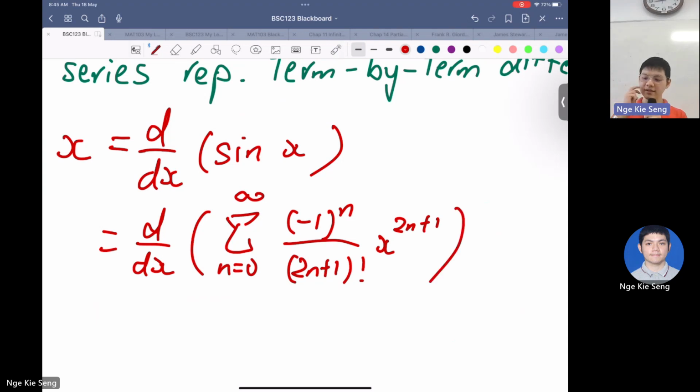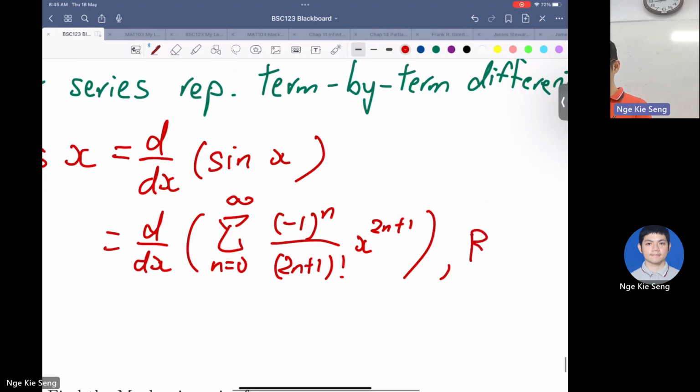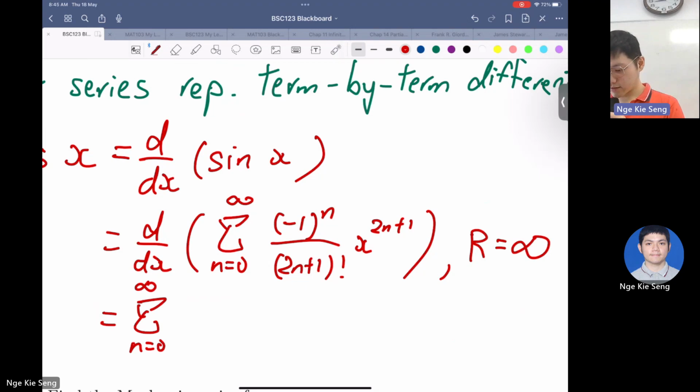This is true only when the radius is everywhere. So it is true everywhere, so very safe. So you want to differentiate term by term. What do you get? You can bring the differentiation in. You cannot just simply swap this sign, right?